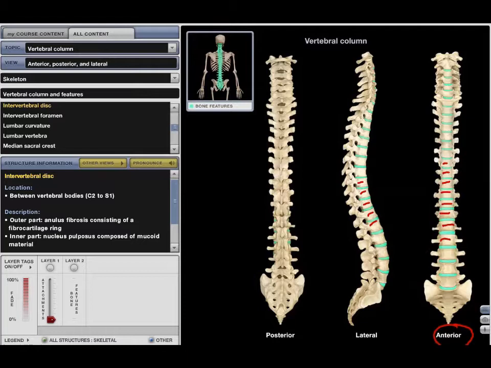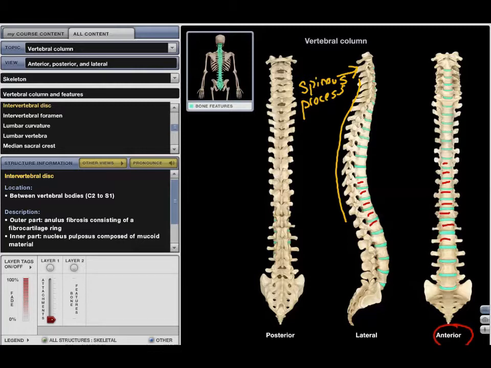Most vertebrae also have a posterior projection here called the spinous process, and those line up along the posterior side of the vertebrae. So if you run your hand along your back, you can palpate these spinous processes through the skin of your back.